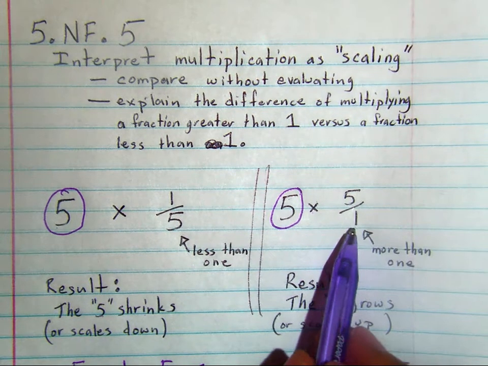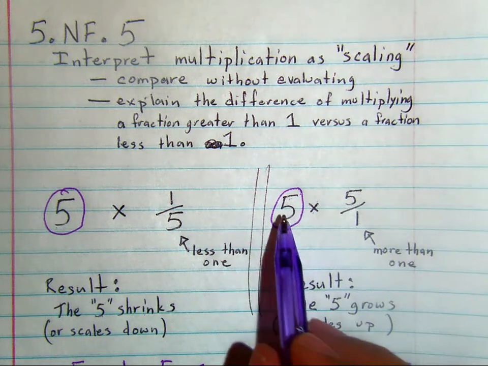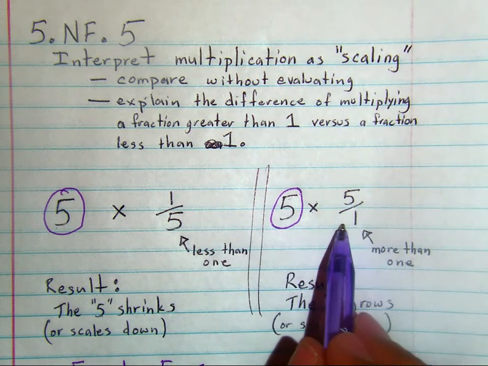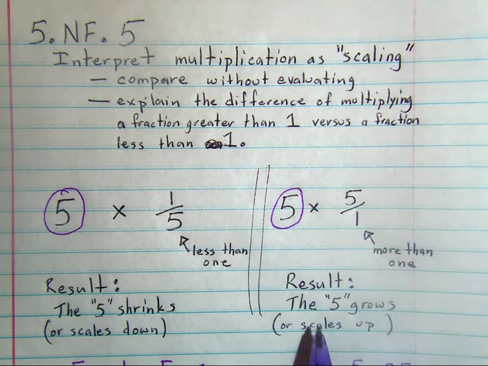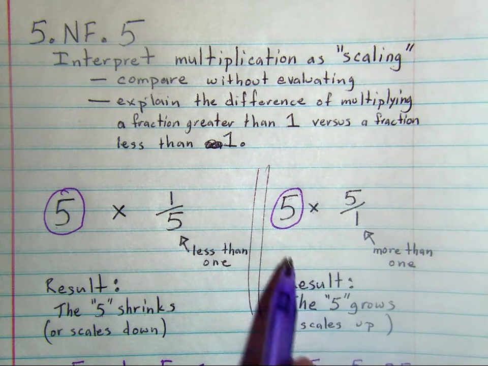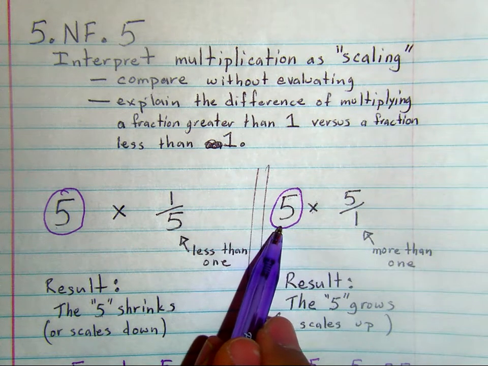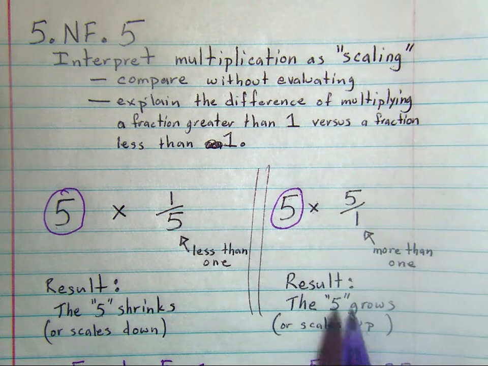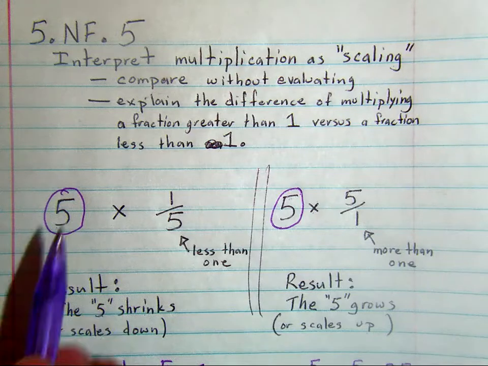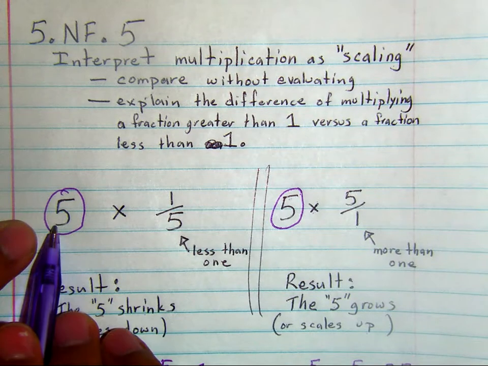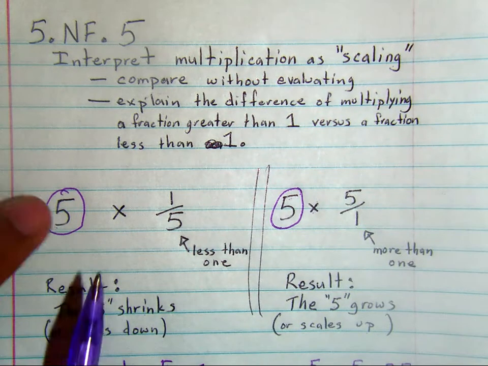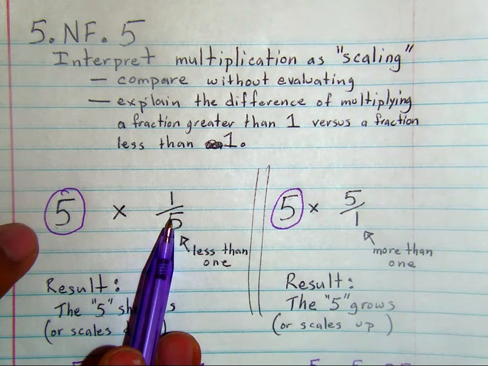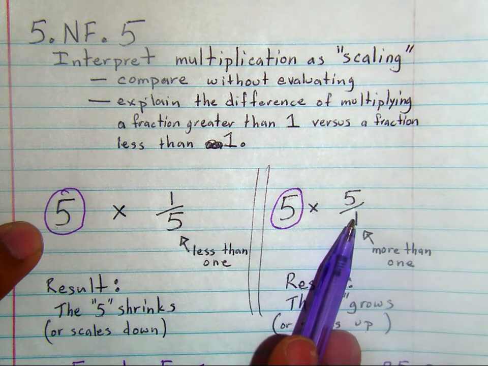And when you look at this and you say 5 times this fraction, well, that's obviously going to result in the 5 growing, getting bigger, or scaling up. All right? So that's the basic idea of comparing without evaluating and explaining the difference between multiplying a fraction less than 1 versus greater than 1.